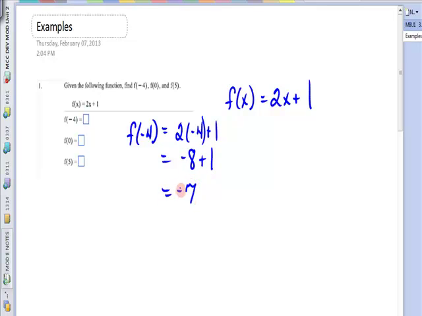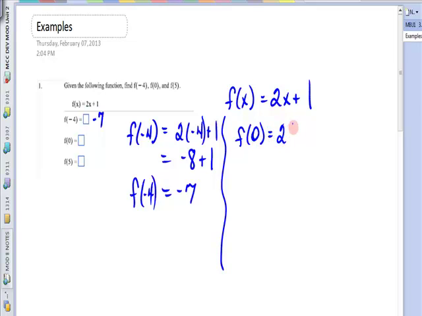It is negative 7. f of negative 4 is negative 7. That means that when x is negative 4, y is negative 7. The next one, it says, what is f of 0? Well, it's going to be 2 times 0 plus 1, which is 0 plus 1. f of 0 is 1. When x is 0, y is 1.